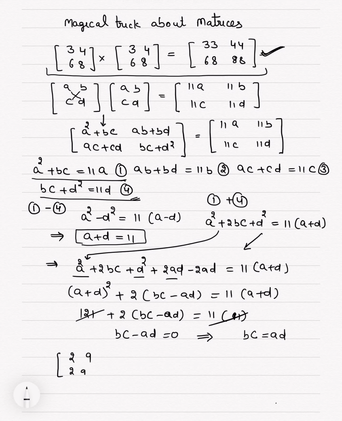Now you can take examples like 2, 9, 2, 9. Now if you perform the square of this, you will find out 22, 99, 22, 99.